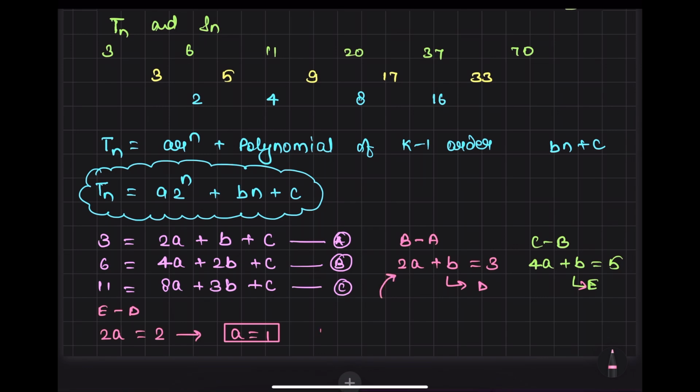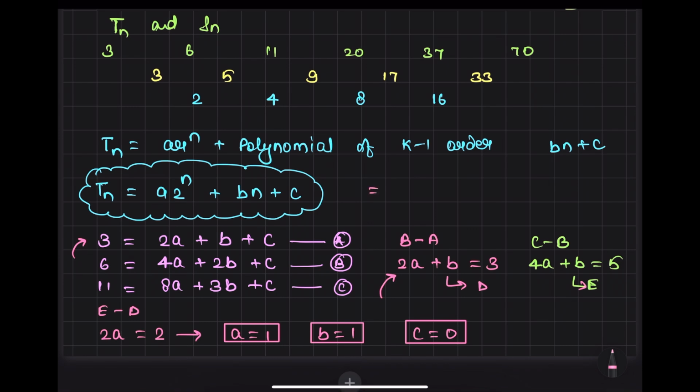So b becomes 1. So a is 1, b is 1. Now we have to find the value of c. If you substitute the values of a and b, you will get c as 0. So you got the values of a, b, and c.